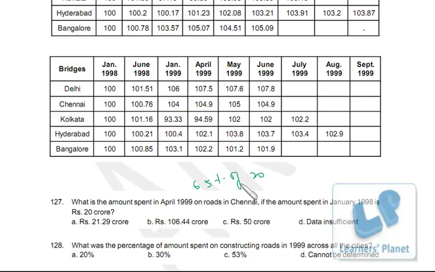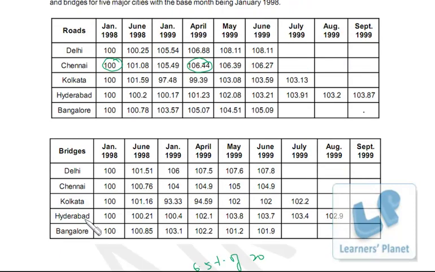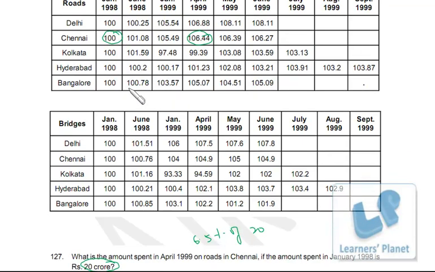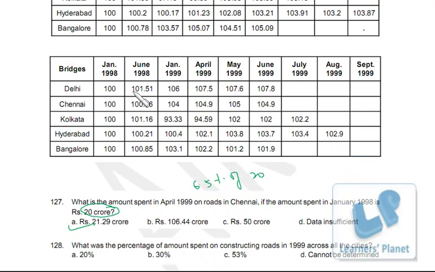Basically it is 1.3. Right, so 20 plus 1.3 is around 21.3, so that is 21.29 crore. In this case we have been given the actual cost of January 1998, so we have this base as 100, and from 100 it is 6.44 increased, then we calculate the increase from 20. As simple as that. So your answer is 21.29 crore.